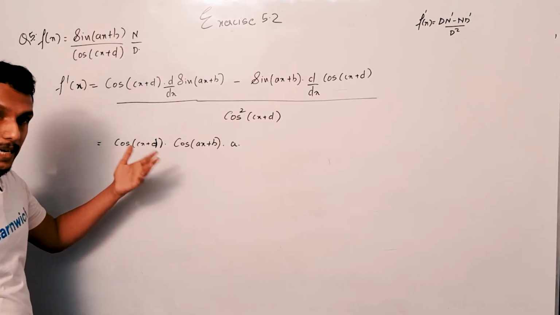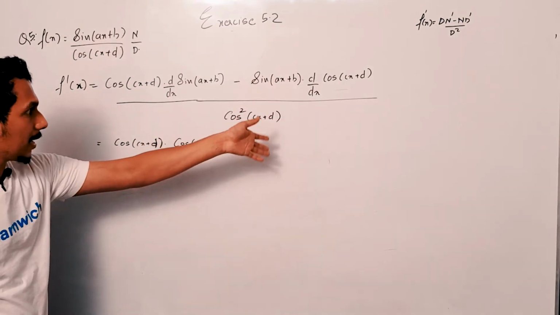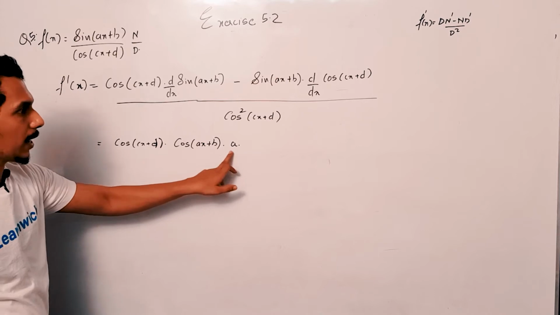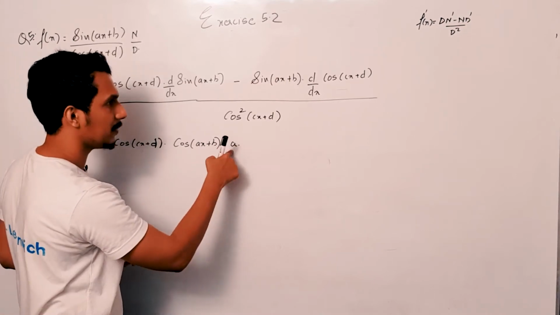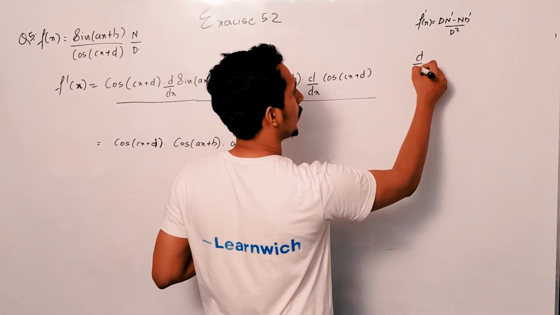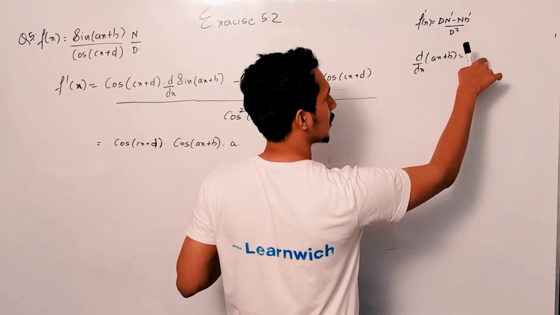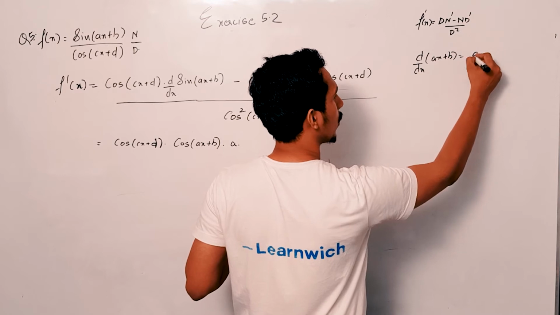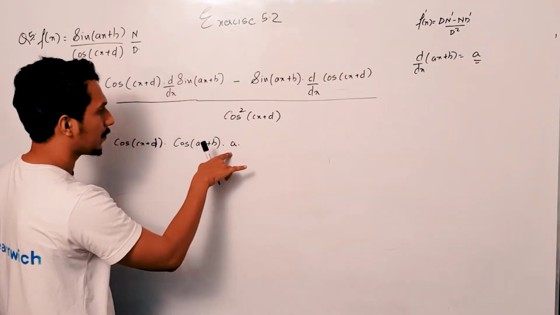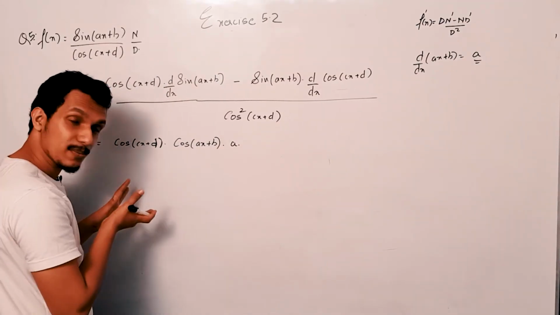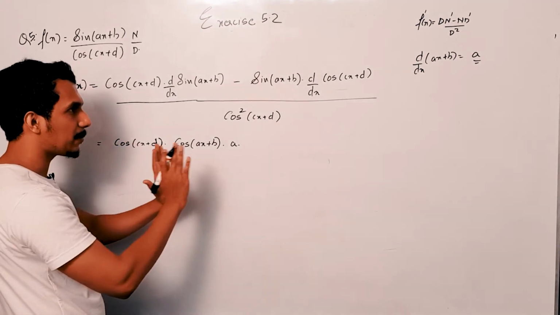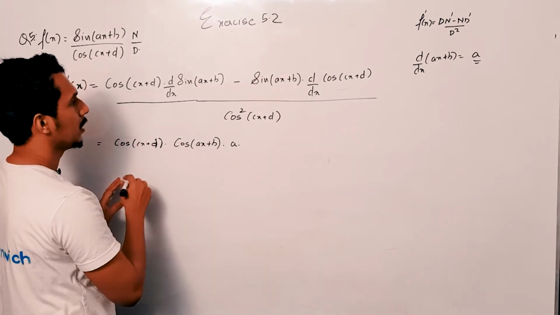Like before, I'm not writing d by dx of ax plus b again, I'm simply giving you the answer as a. This will be multiplied with a. d by dx of ax plus b will be d by dx of ax plus d by dx of b, which is 0, so your answer will be a. I've written it directly here, otherwise your answer will be very long. So we'll stop that practice from here onwards.